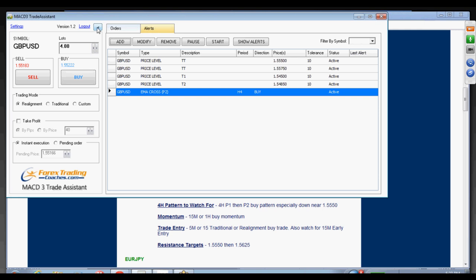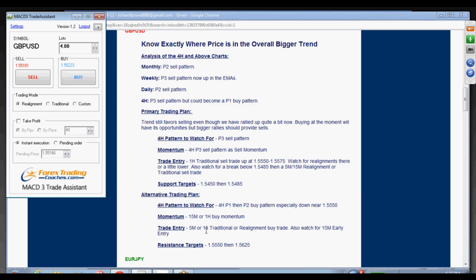So my alarms will go off if I have a P1 pattern lineup, and then I also have the P2 buy pattern that I put in. And on these momentums, by the way, when these alarms go off, then I go in and I can either put in the momentums, the 15-minute or 1-hour buy momentum, but I don't put them in at the beginning. I put them in if these alarms trigger, and I can go in and double check that.